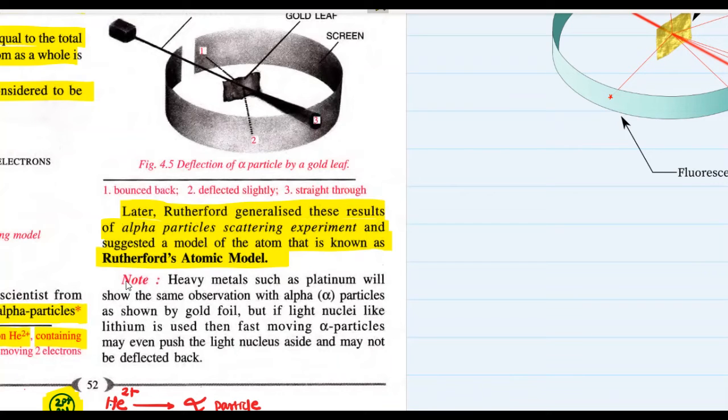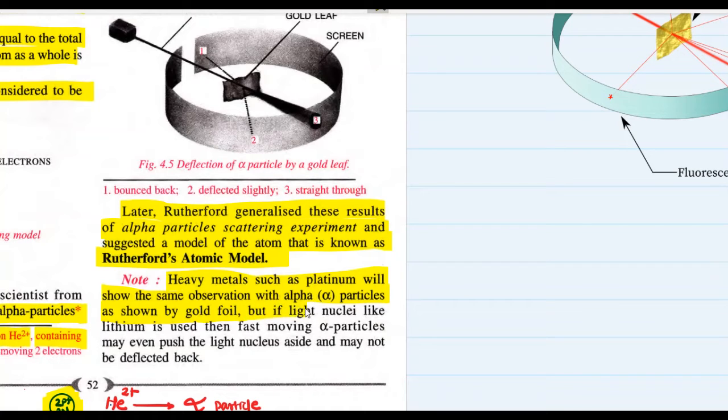Heavy metals, note that this is something different and important. Heavy metals such as platinum will show the same observation with alpha particles as shown by the gold foil. If you have a platinum foil in place of gold foil, most of the alpha particles will pass through the platinum foil, some of them will be deflected by large angles, and very few of them will be bounced back.